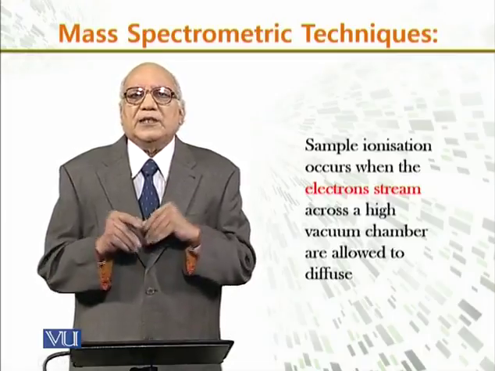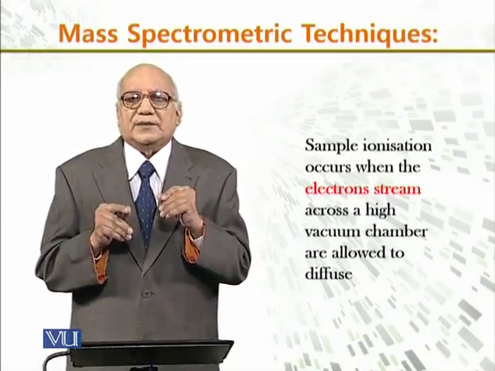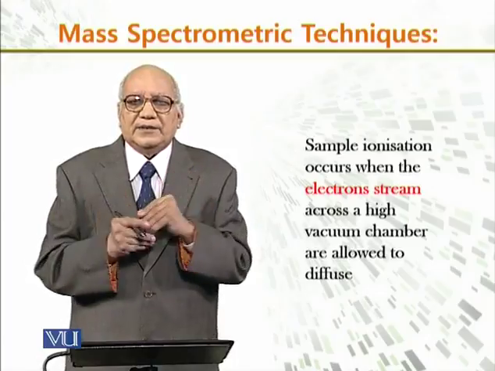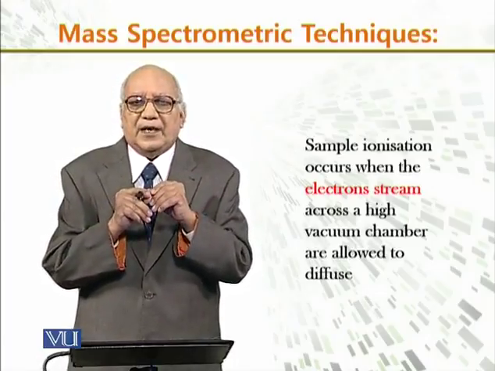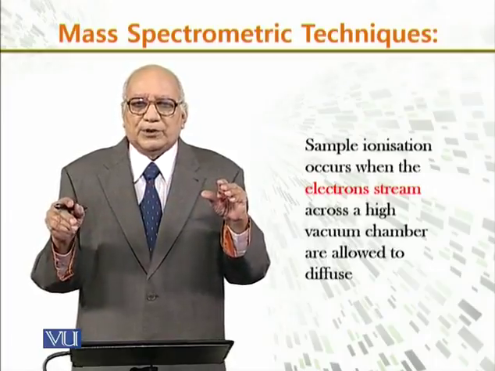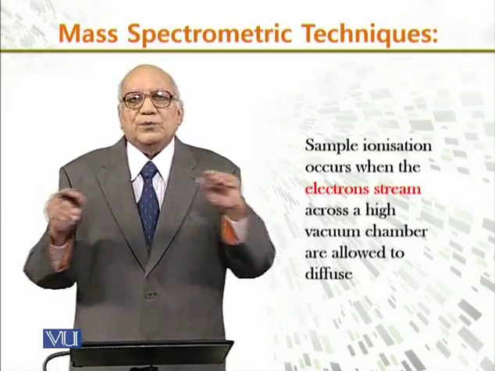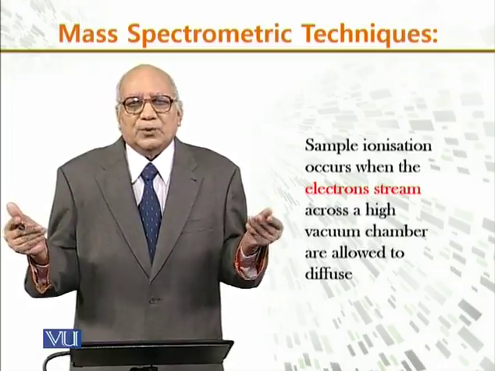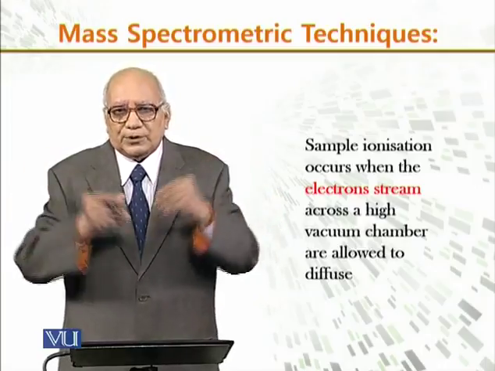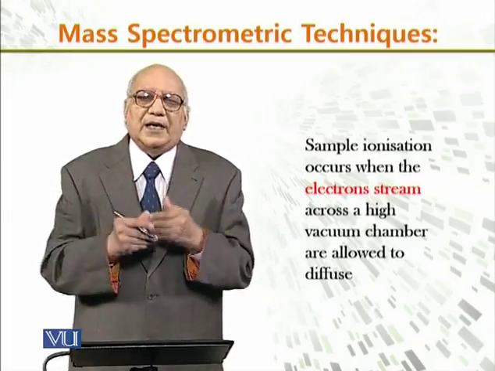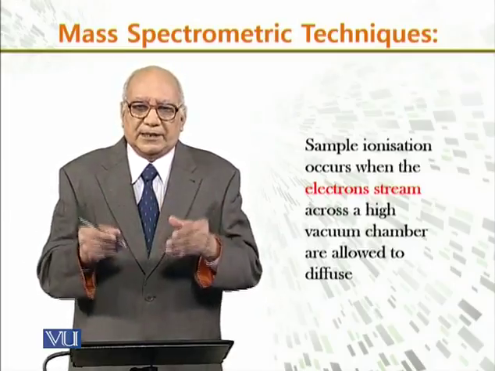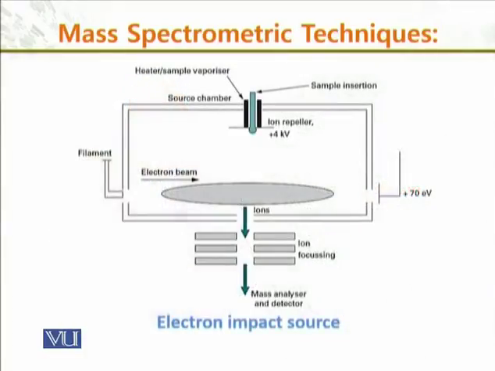Then the sample ionization occurs when the electron stream crosses a high vacuum chamber, and the ions are allowed to diffuse.